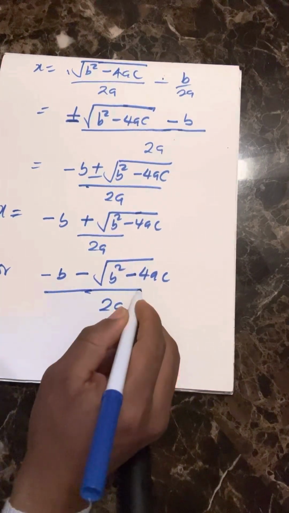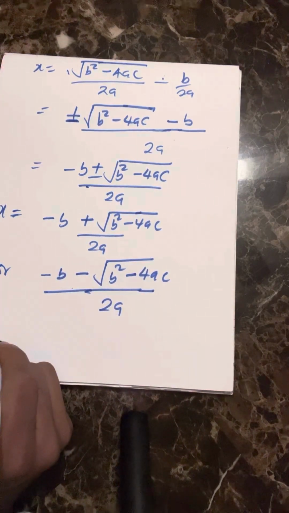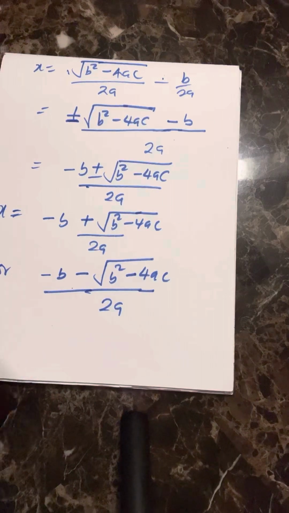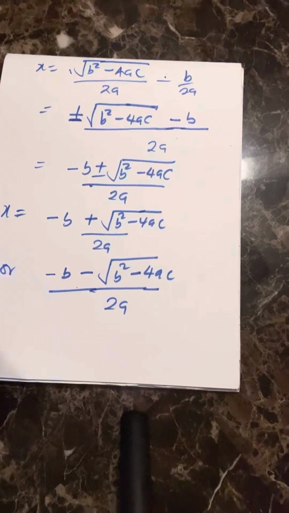So these are the two values of x that would solve the general form of the quadratic equation.